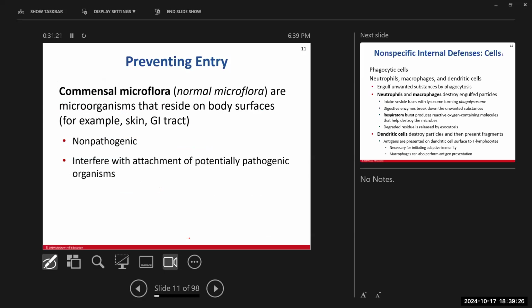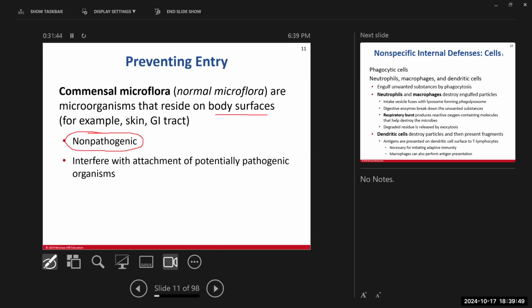All right, so what we call commensal microflora. This is the stuff that lives on your skin. The nice thing is, as long as it stays on the outside of your skin, or inside your digestive system, like in your intestines, where it's supposed to be, it's non-pathogenic.